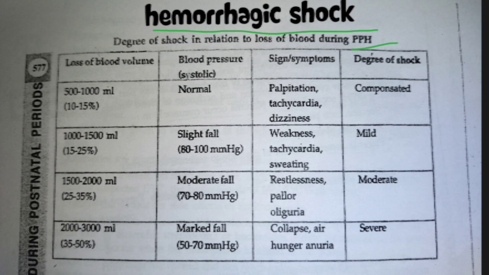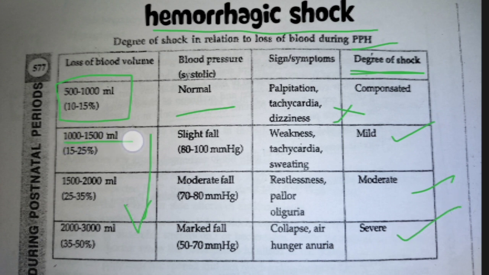So based on the degree, we can classify the shock. If the blood loss is around 500 to 1000 ml, it is normal, no need to worry, there is no shock here. If it is more than 1000 ml, then it is classified into three types. If 1000 to 1500 ml of blood is lost, it's a mild one, and in this condition the BP starts to fall.